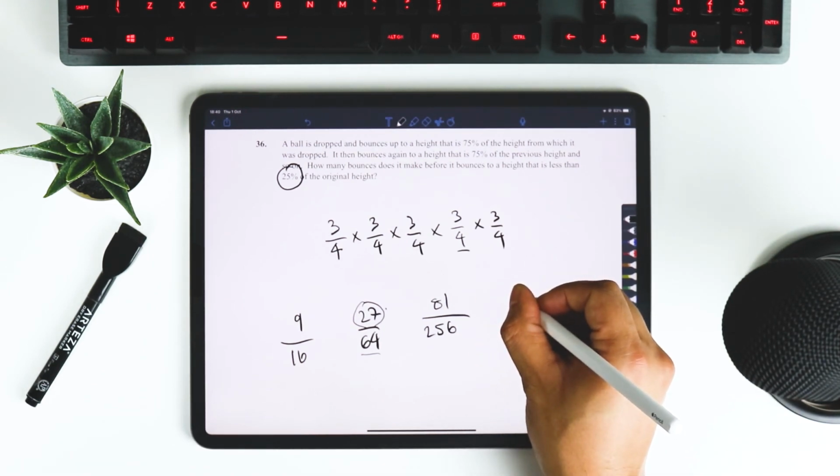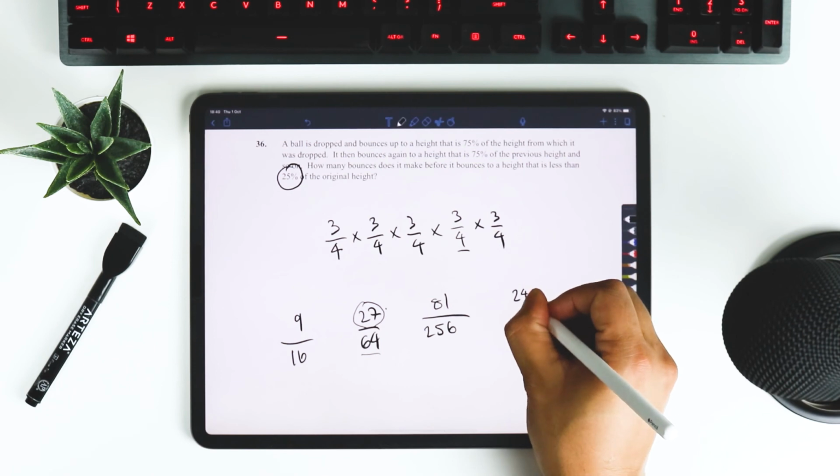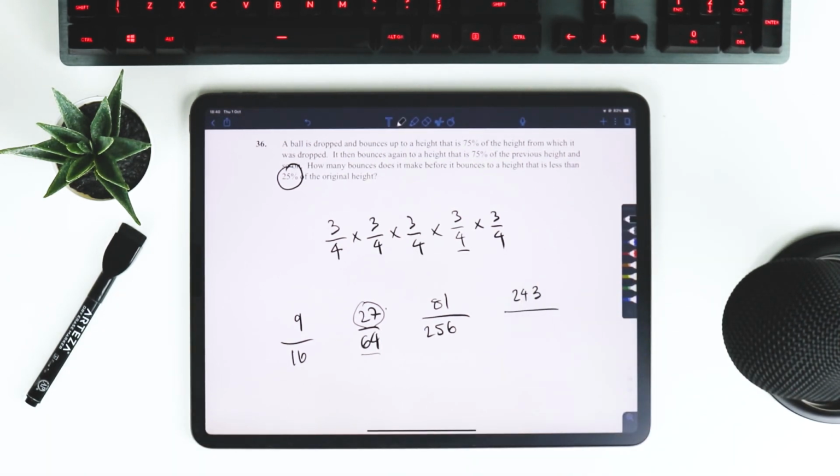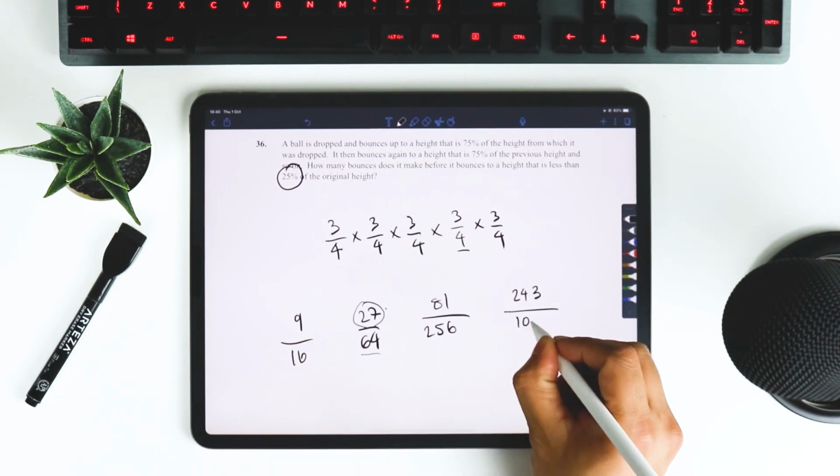81 times 3: 80 times 3 is 240, 1 times 3 is 3, so 243. 243 all over 256 times 4. 250 times 4 is 1,000. 6 times 4 is 24. So 1,024.